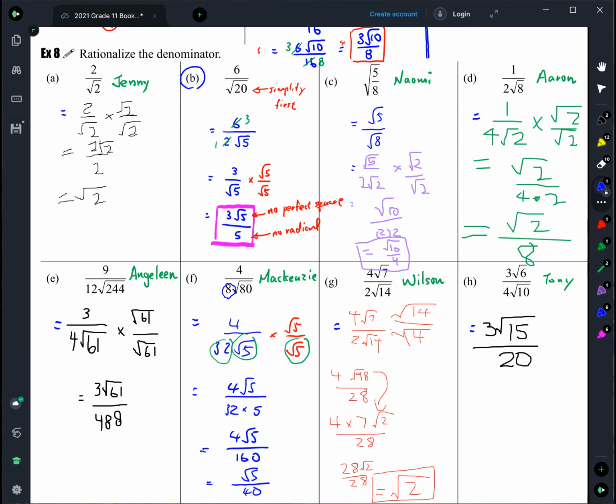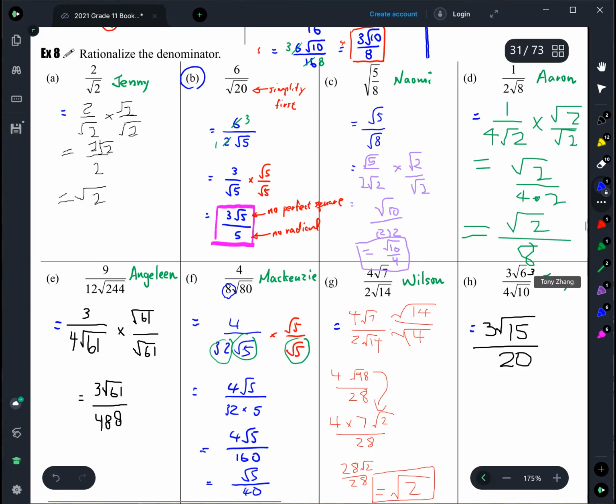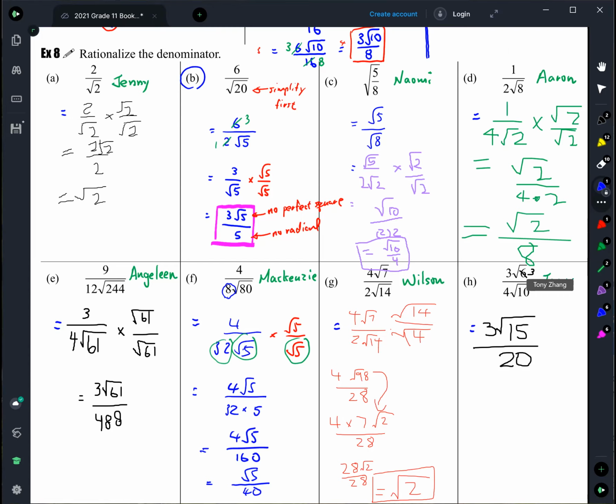Because 6 and 10 have a common number, which is 2. So I just did 2 times 3 is 6 and 2 times 5. And then I got 3 root 3 and 4 root 5, right?